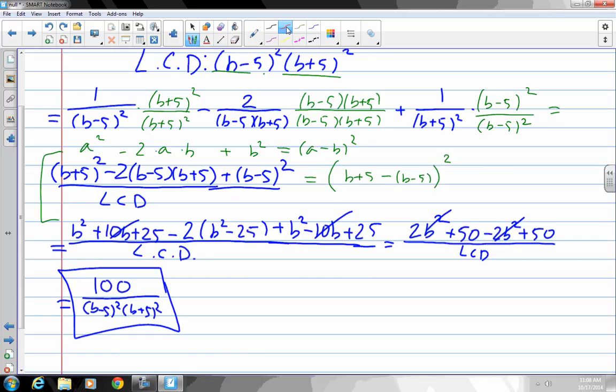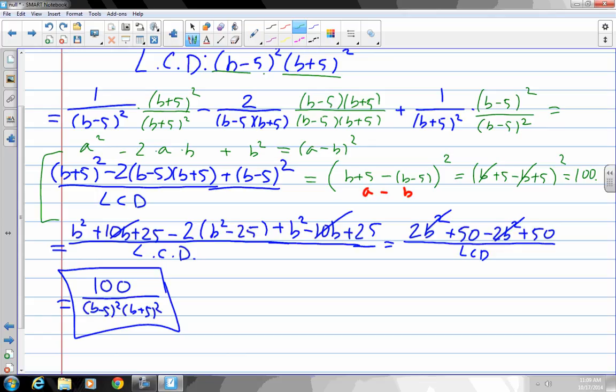This is our a minus b. Now, if I simplify this, that's (b plus 5 minus b plus 5) squared. The b's cancel. 5 plus 5 is 10. 10 squared is 100, just like we got in the end. Isn't that cute?